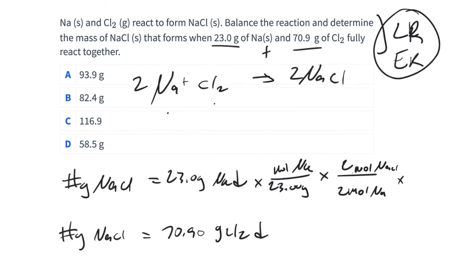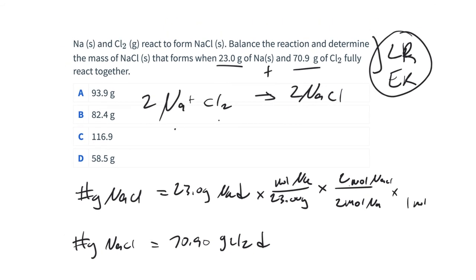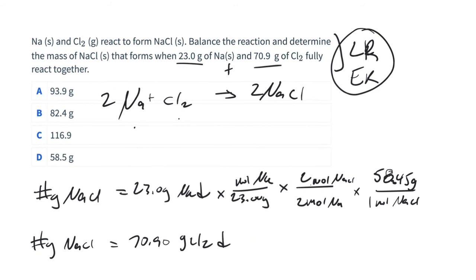And 1 mole of NaCl has a molar mass of 23 plus 35.45, about 58.45 grams. So 58.45.